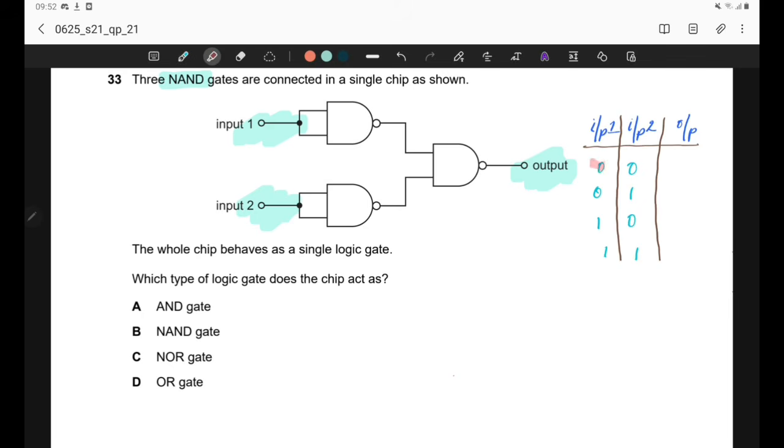Now we can focus on the first input combination. When the inputs both are 0 0, what will be the output? We can check that. So the input at 1 is 0 and input at 2 is also 0. In this case, what will be the output?